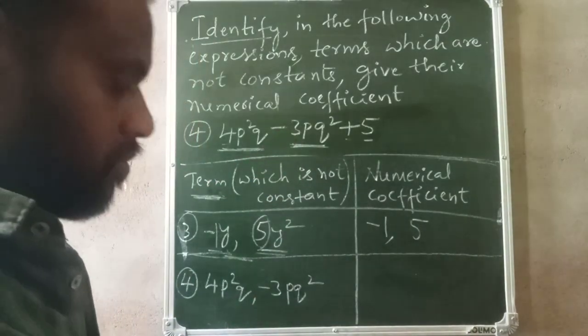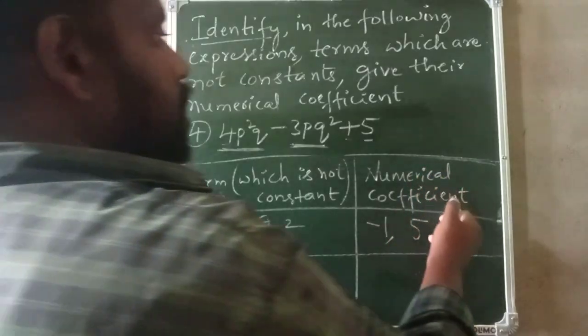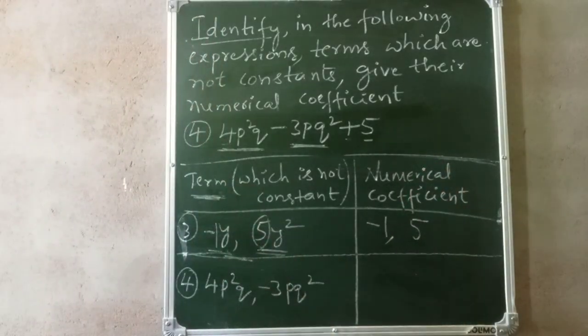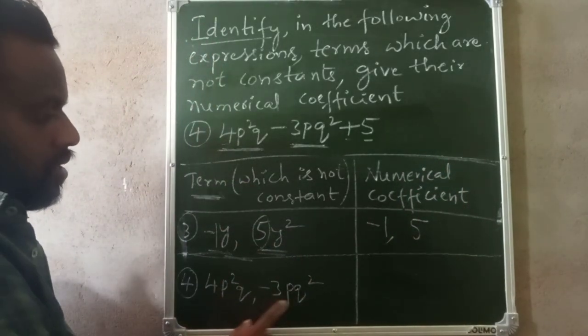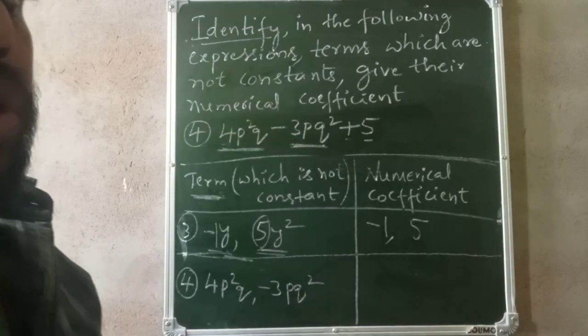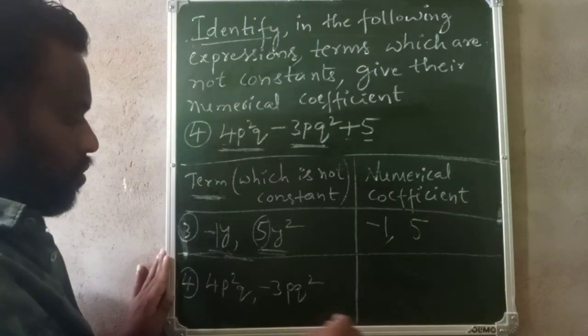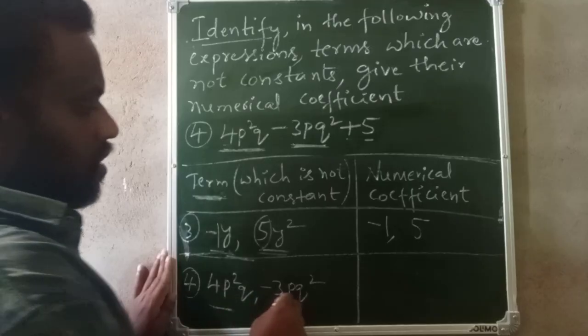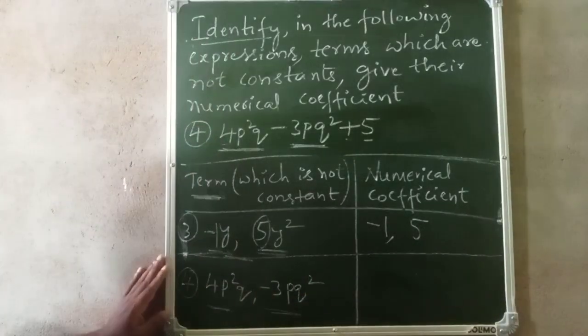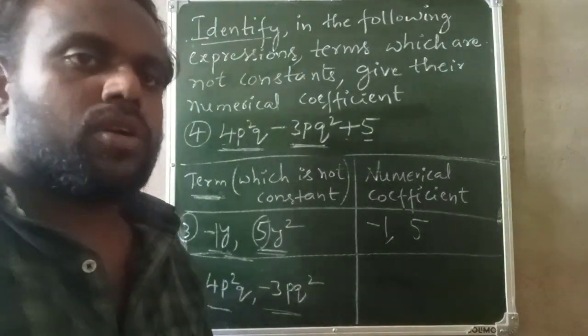Okay. Next, numerical coefficients. We have written here these terms which are not constants. So now you have to write the numerical coefficient of this and this. So I said numerical coefficient means what?